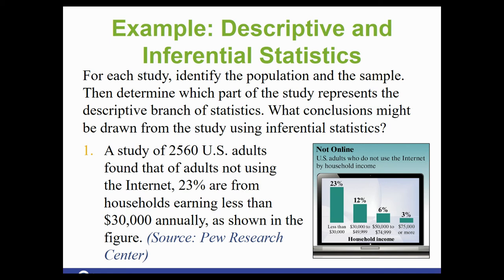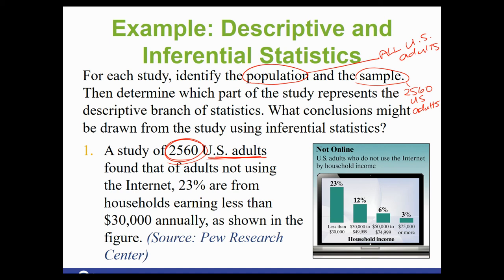So the first thing they are asking for is the population and the sample. So the who of ideally who we would want to talk to is all U.S. adults. So population is all US adults. But who we actually got is our sample. So our sample is the 2,560 US adults.